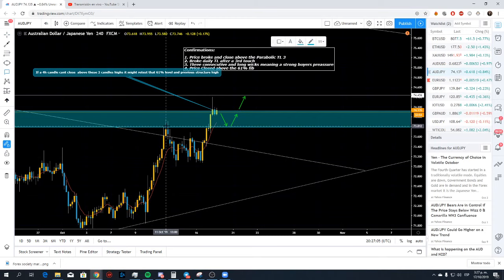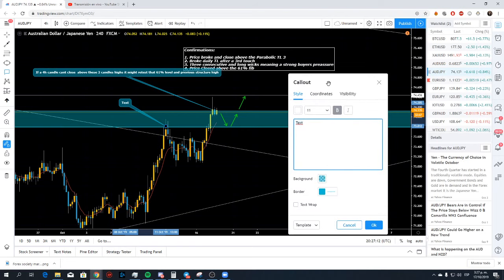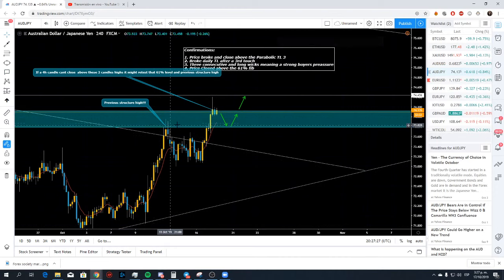This is our previous structure high. Previous structure high, which is this. This area from the wick to the body, that is the previous structure high. So that previous structure high lines up with the 61 level we drew here, right?